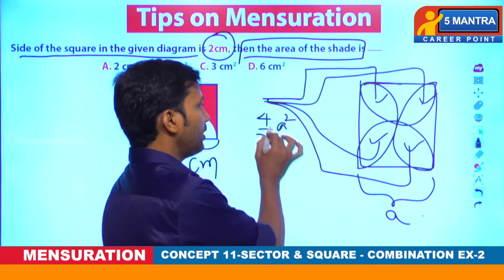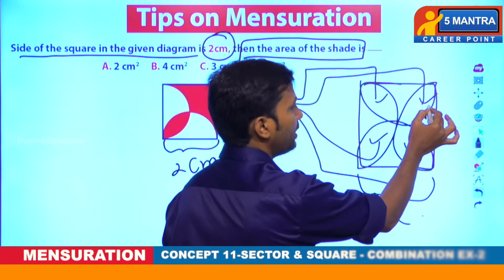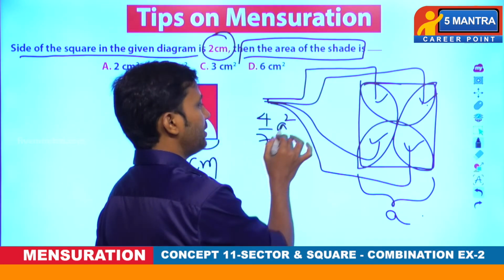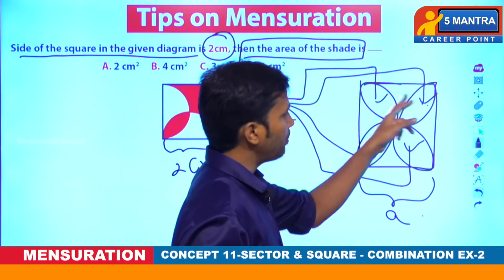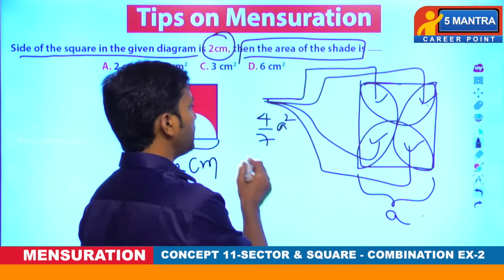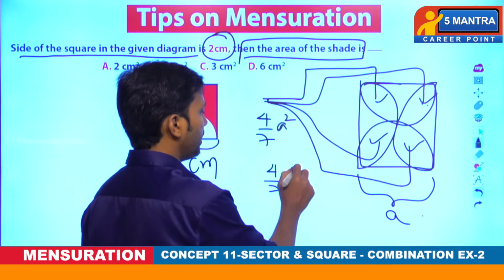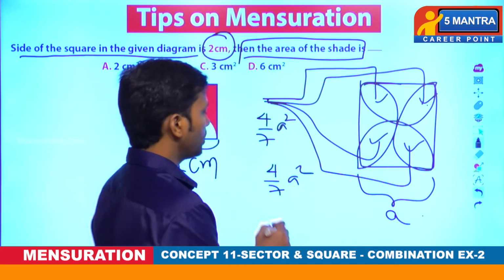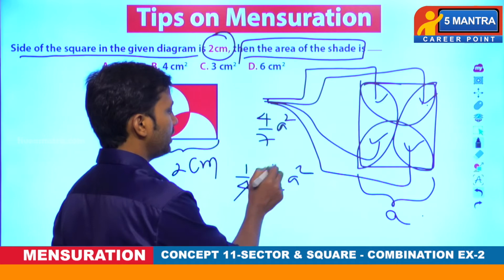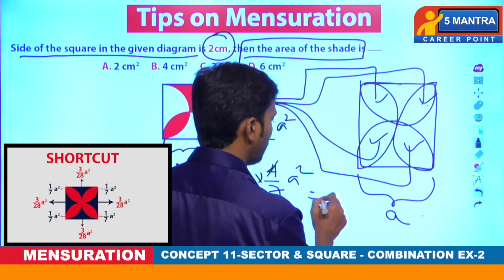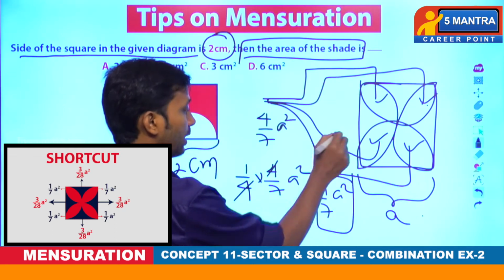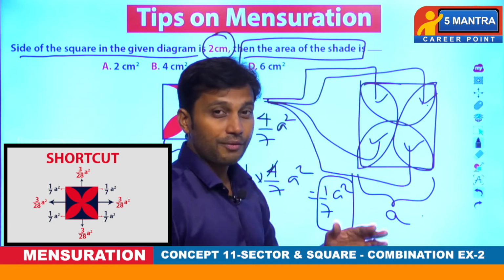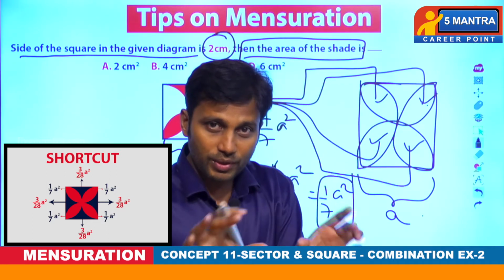When 4 by 7 a square is divided into 4 equal pieces, each piece would be 1 by 4th of that. So it is nothing but 1 by 7 a square. That's it. 1 by 7 a square is the area of each petal.